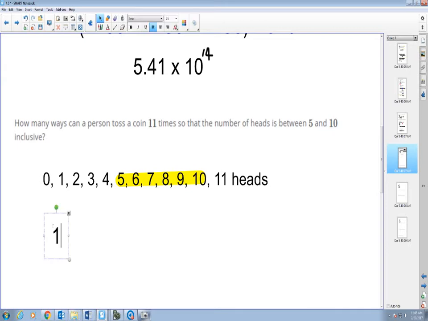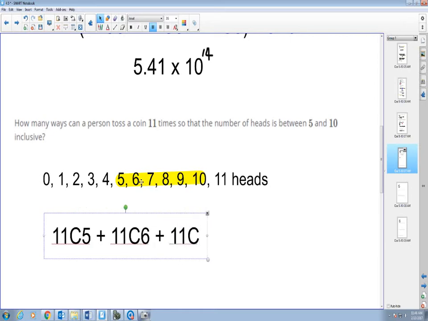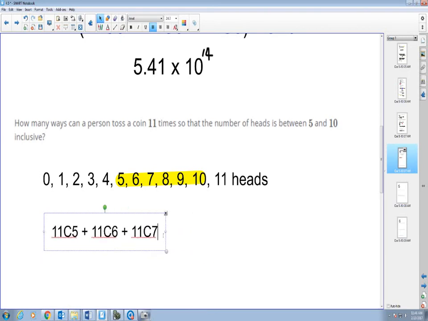11 tosses, choosing 5 heads. Or, this is "or" because we go by scenarios. Or I can do 11 choosing 6 heads, or 11 choosing 7 heads, or 11 choosing 8 heads, plus 11 choosing 9, or 11 choosing 10 heads.